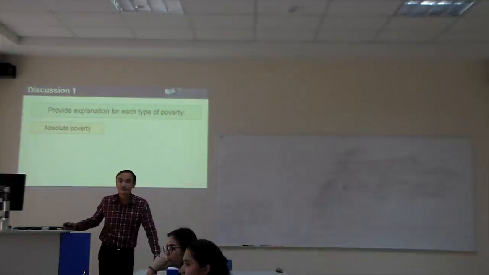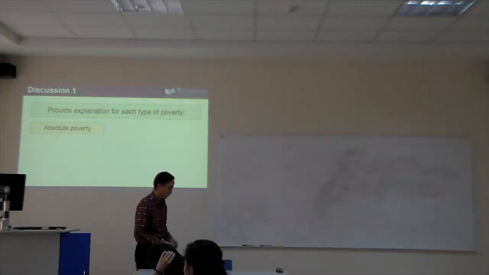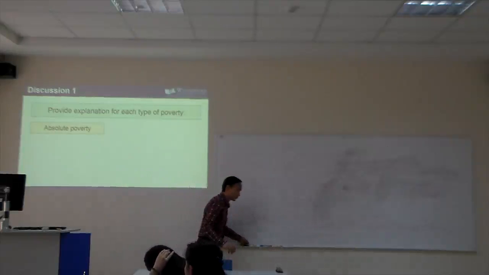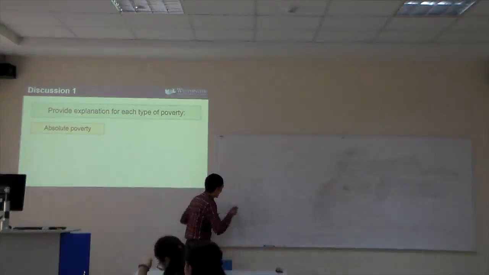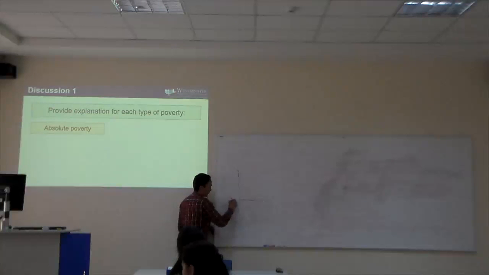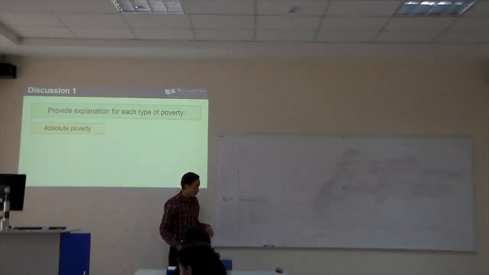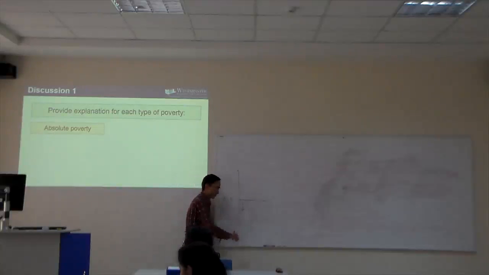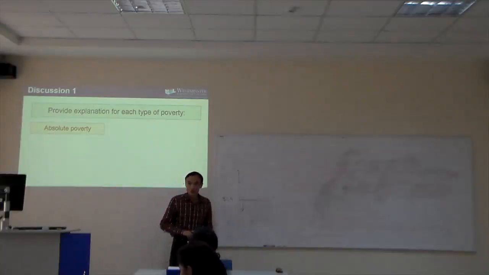People who live below $1.9 a day. Okay. So people who live below $1.9 a day income belong to absolute poverty. Those people are absolutely poor, right?